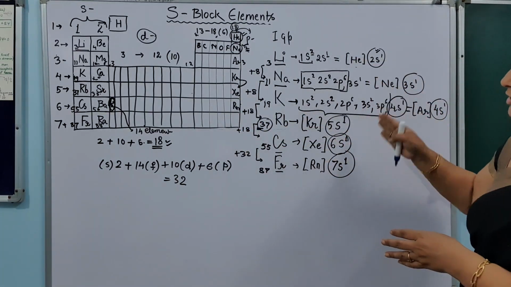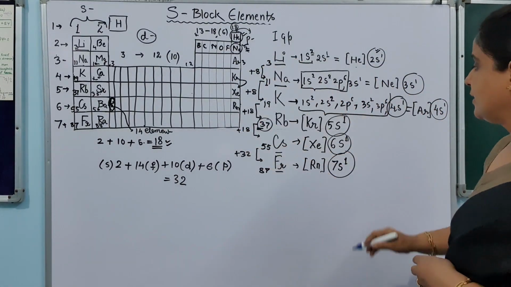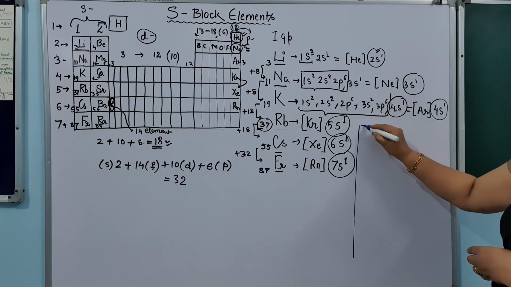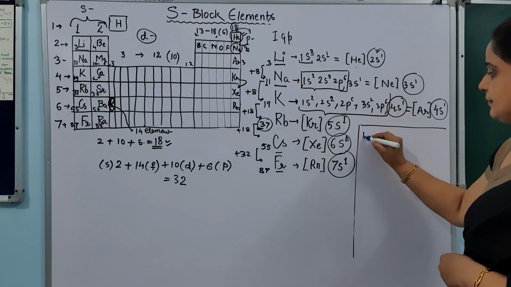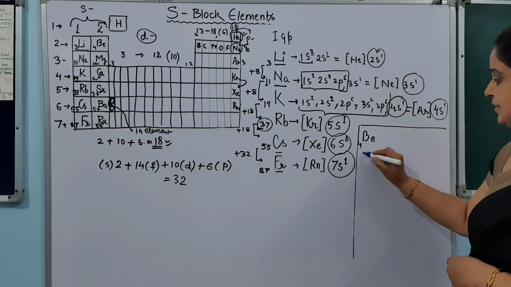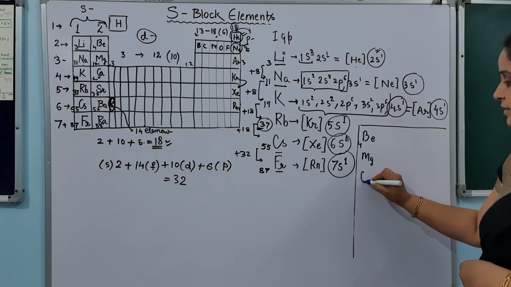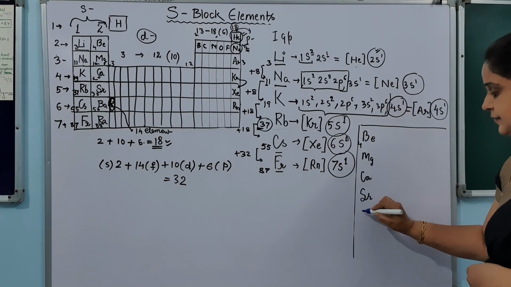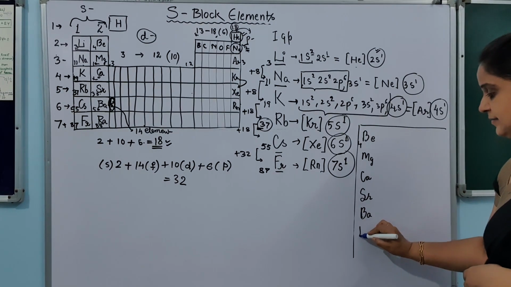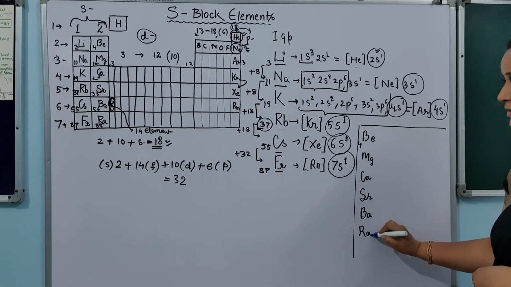So if I go for the configuration of the second group elements, what can I do? I am writing it here. I am starting from beryllium. Look at this: beryllium is 4, magnesium, calcium, strontium, barium and radium.